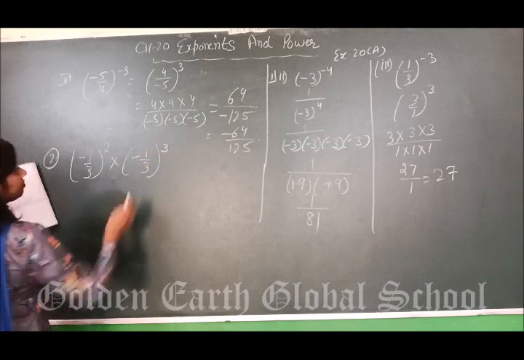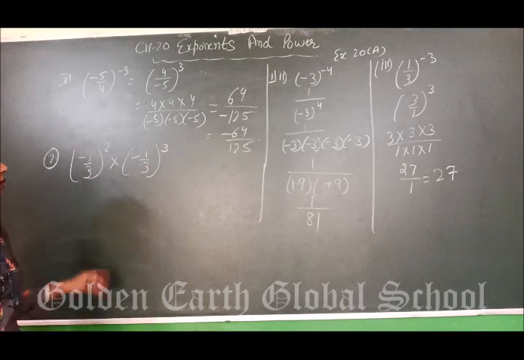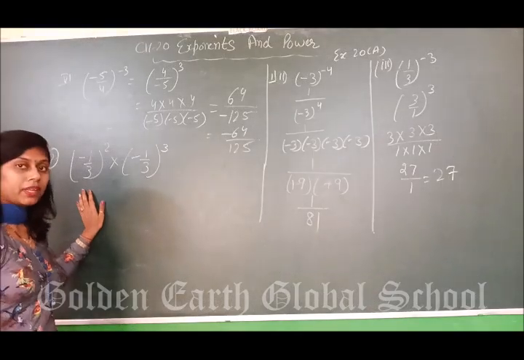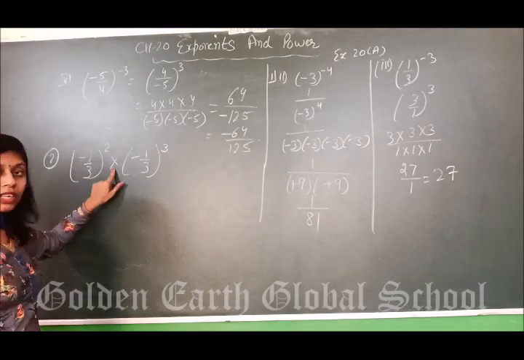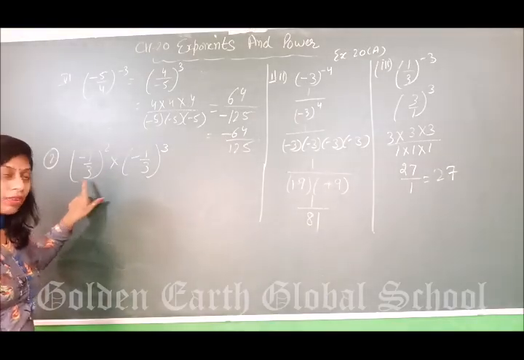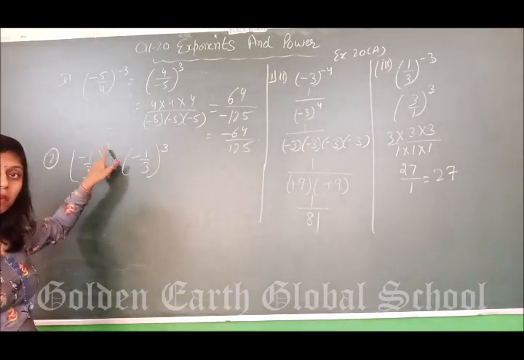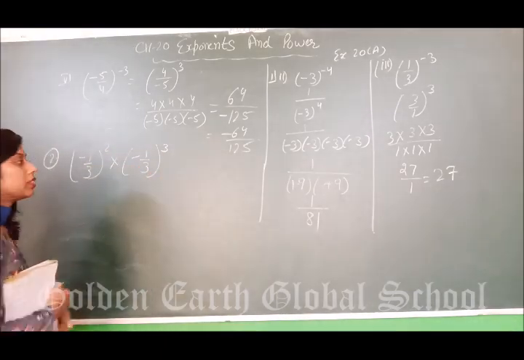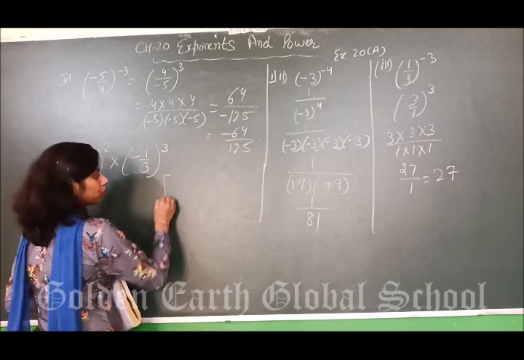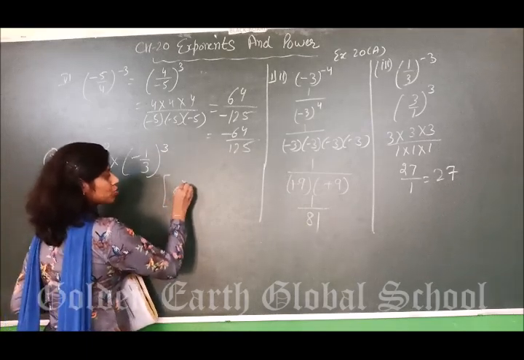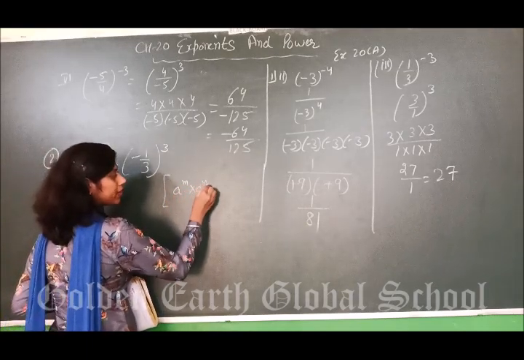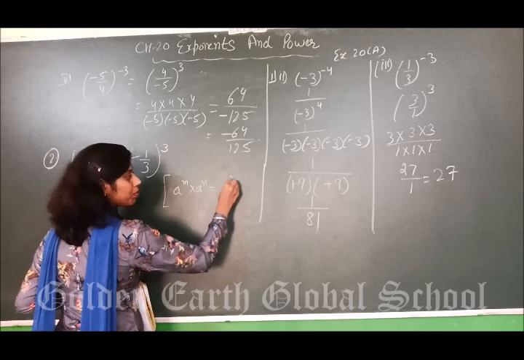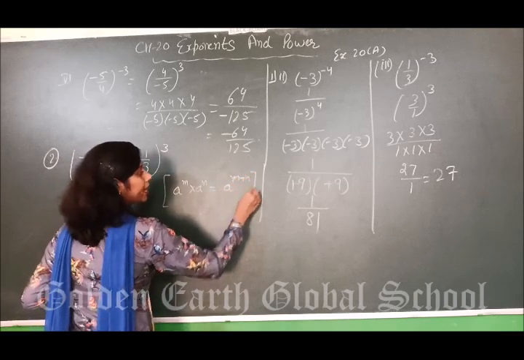Power 3. Here we will apply the rule of multiplication. In case of multiplication, if the bases are the same and the powers are different, then we will apply the rule a raised to power m into a raised to power n is equal to a raised to power m plus n.